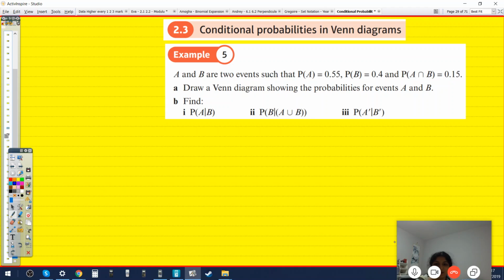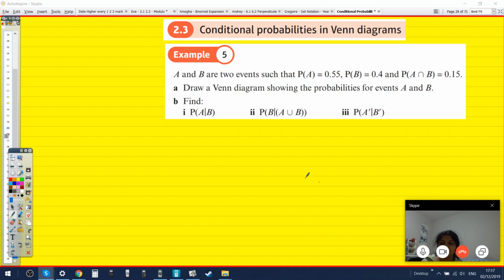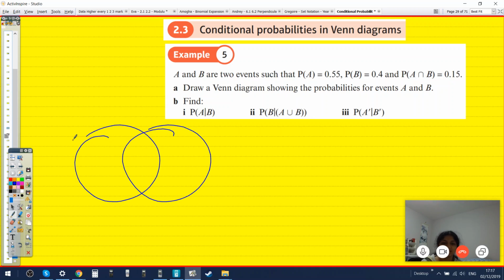So the Venn diagram, you know the intersection, so you can just put 0.15 in the middle. And then A would be 0.4, and then B would be 0.25.